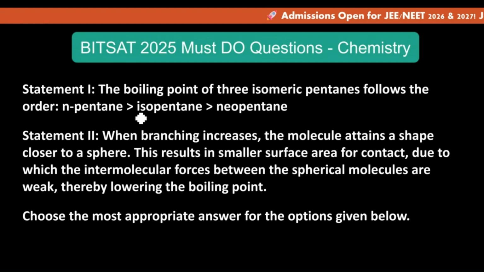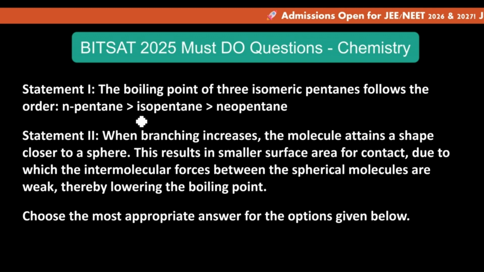Then: the boiling points of the three isomeric pentanes follow the order n-pentane, isopentane and then neopentane. Statement 2 is: when branching increases, the molecule attains a shape closer to a sphere.